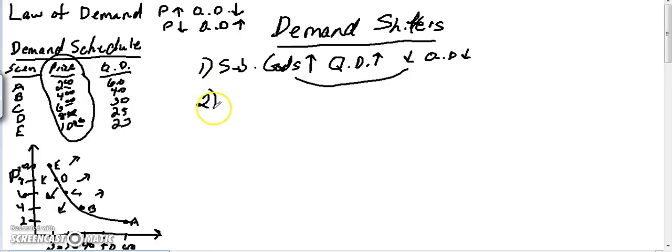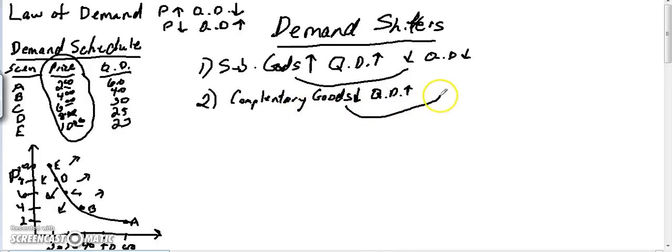Another demand shifter, as mentioned in the textbook, is the price of complementary goods. As the price of a complementary good, of an MP3 player, goes down, then maybe I'm more likely to buy more songs because I have a little more money left over and I can spend more. And the same could be said if the price of a complementary good goes up.